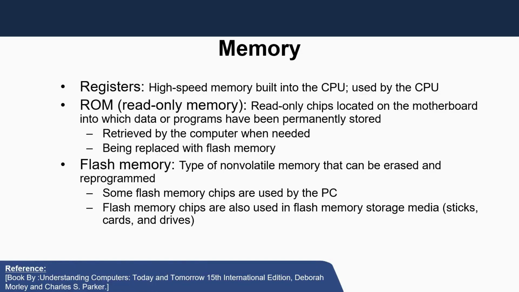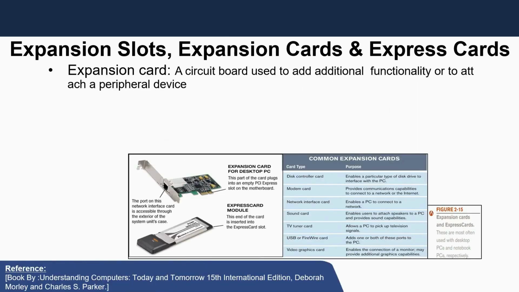Because if the BIOS is corrupted, your whole computer, your whole motherboard is wasted. So it needs specialized software in order to update your system BIOS. If your system BIOS is updated, you will see some improvement over the previous BIOS. So these are the things.